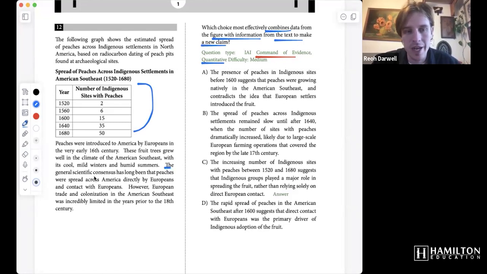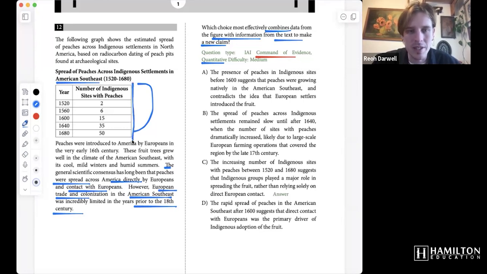The general scientific consensus has long been that peaches were spread across America directly by European contact. However, European trade and colonization in the Southeast, which is where we are in the figure, were incredibly limited in the years prior to the 18th century. So before 1700, there was very little European contact.